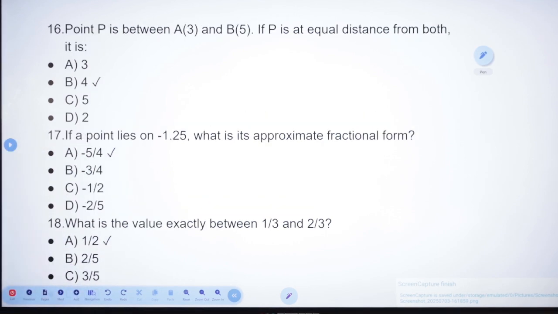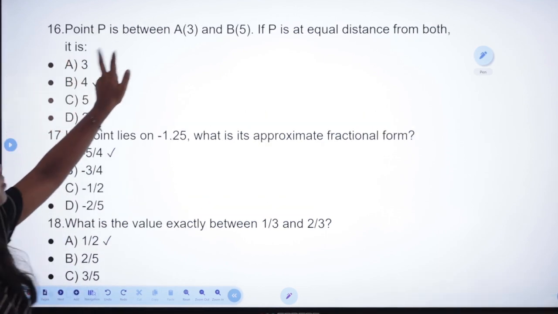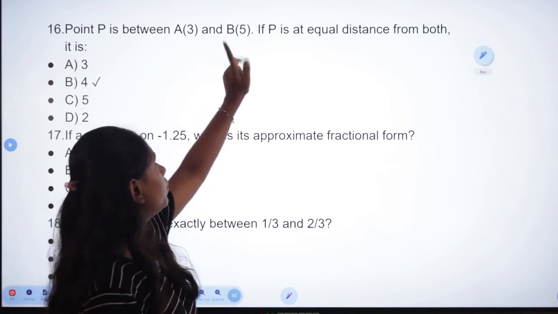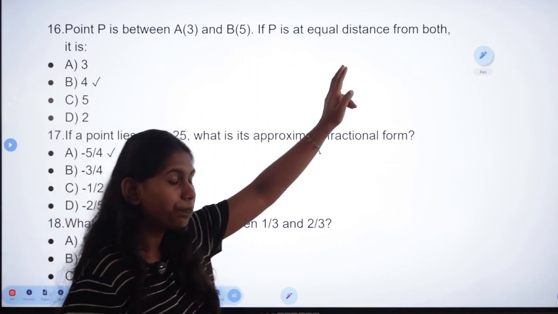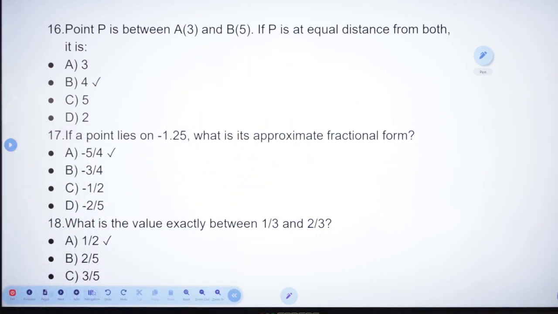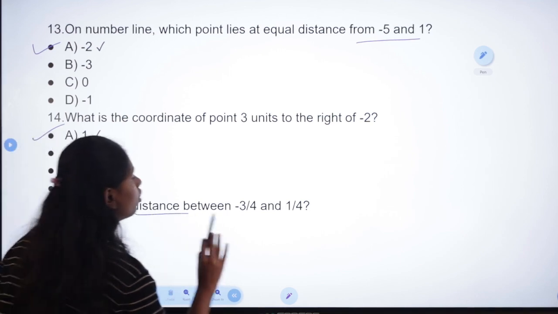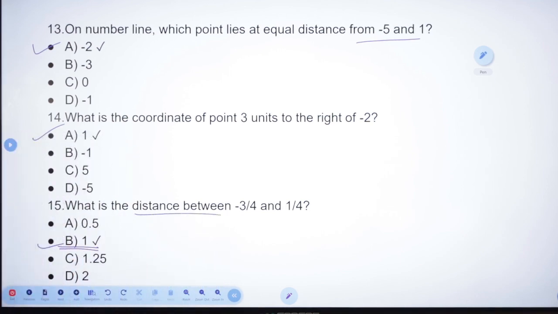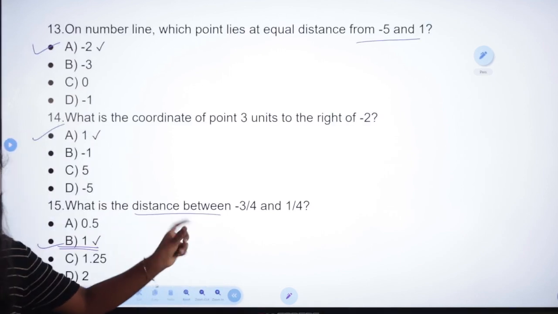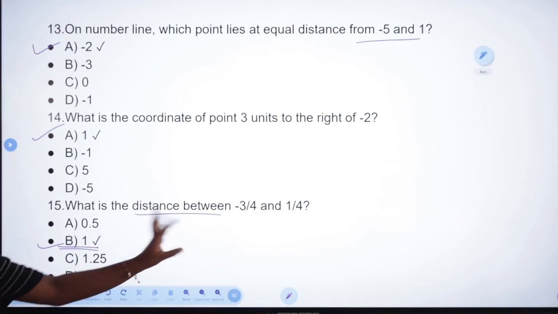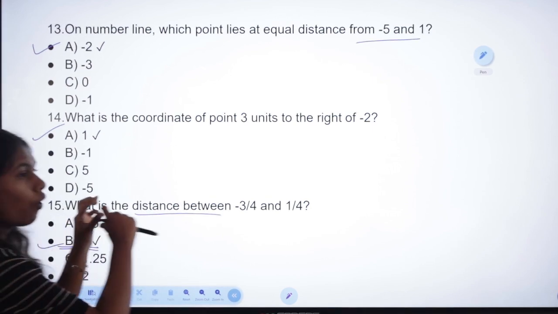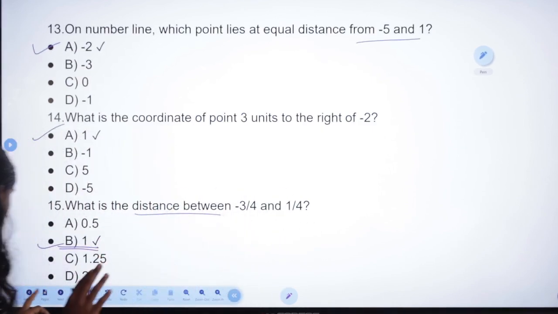The next: point P is between A and B. If point P is at equal distance from both, what is it? Now here we just find the distance between them. It is not the equal distance. The distance between them means the whole distance between these two.